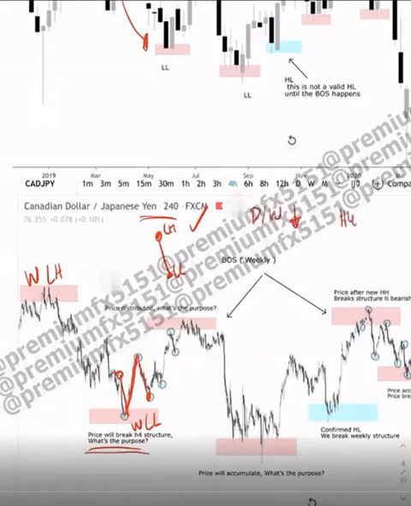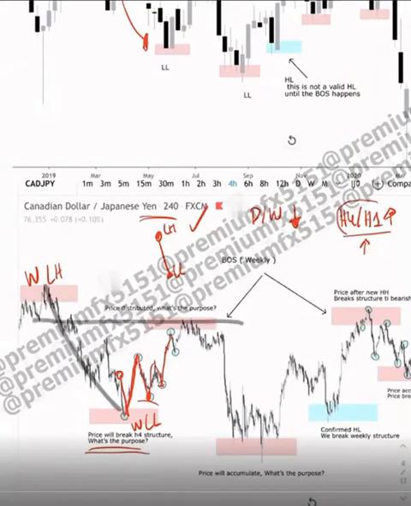But now we have our H4 or H1 time frame switching to bullish. So now we can be looking for buys, understanding that we're going to be trading a retracement, just because my intraday just switched to bullish. But overall, we have to understand that we are inside this impulse leg.